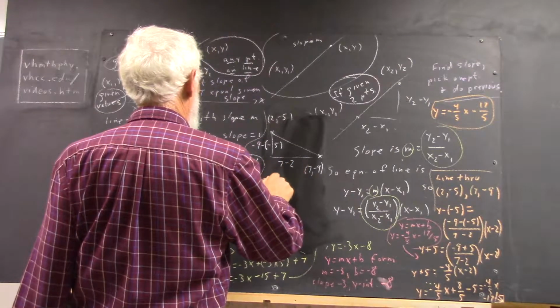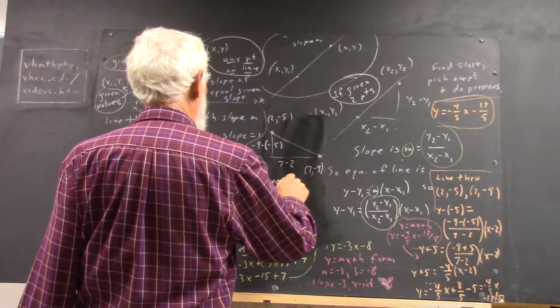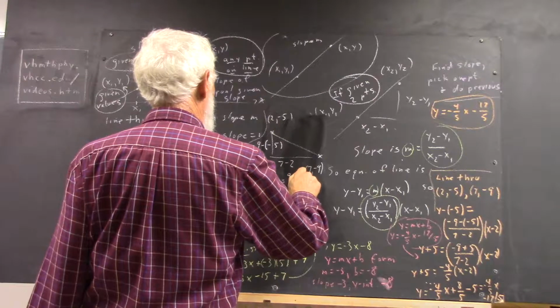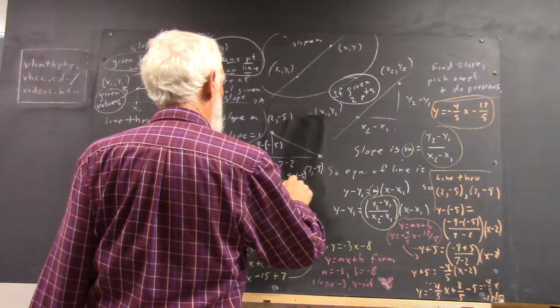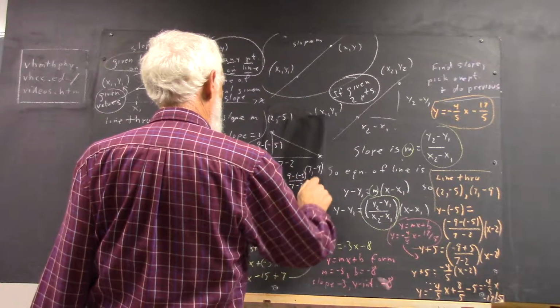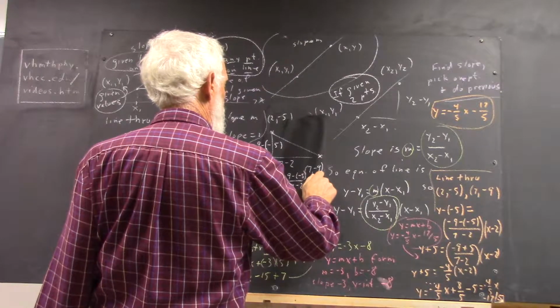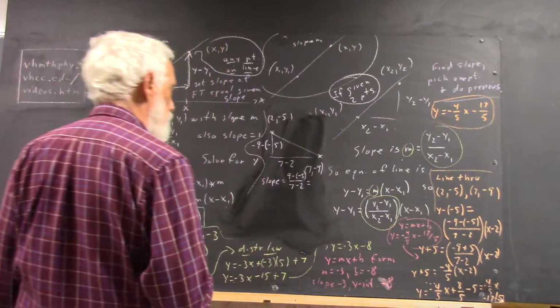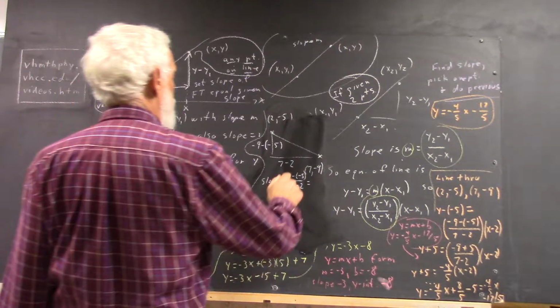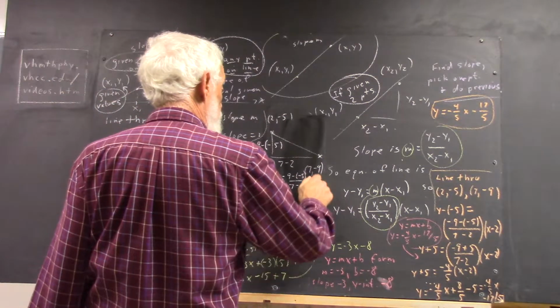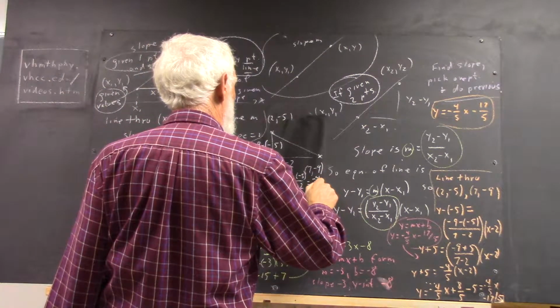So the slope is -9 minus -5 divided by 7 minus 2, which is -4 over 5.